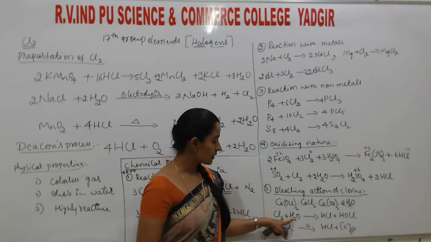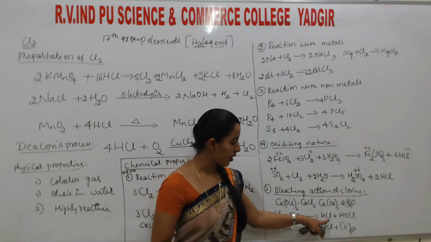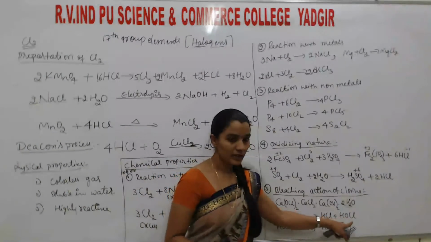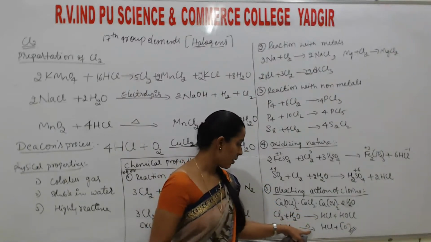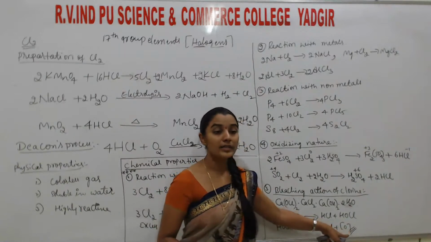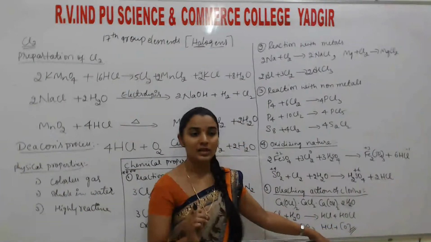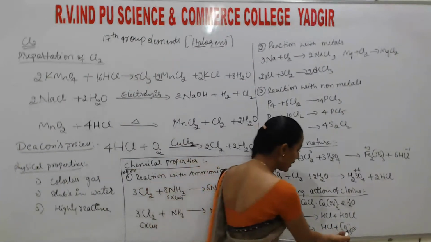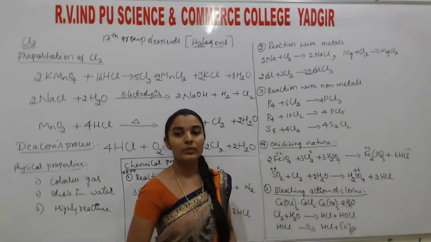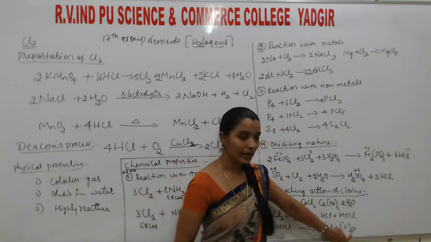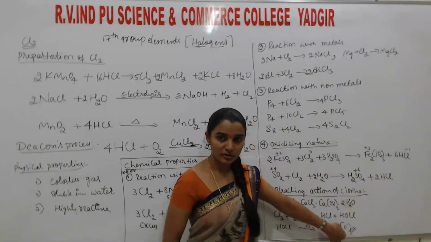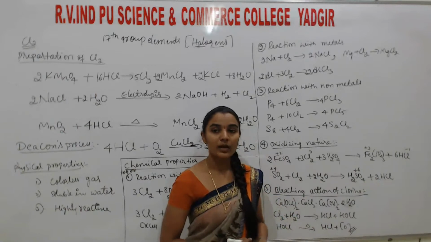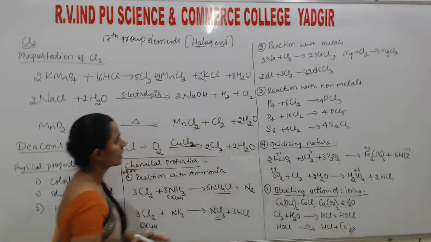So this gas reacts with water molecule to form HCl and HOCl, hypochlorous acid. This HOCl again decomposes, gives HCl and nascent oxygen. Nascent means single oxygen. This single oxygen is the reason for bleaching action because it is colorless. When colored fabric comes in contact with this oxygen, it becomes colorless. Understand? So this is all about the chemical properties.